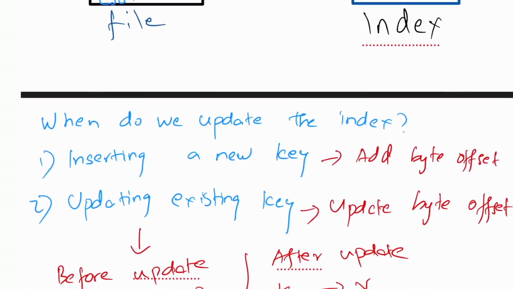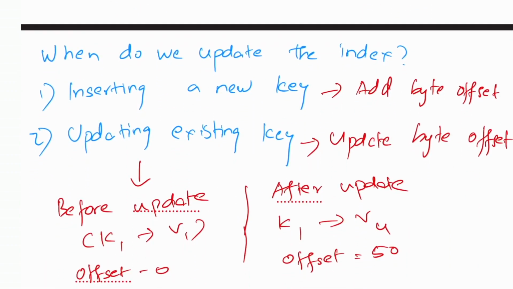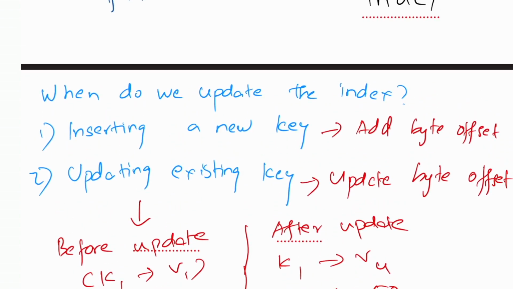Now, when do we update the index? We update the index when you insert a new key. When you want to insert a new key value pair, you essentially add it onto the index. And whenever you want to update an existing key, you also update the index, right?